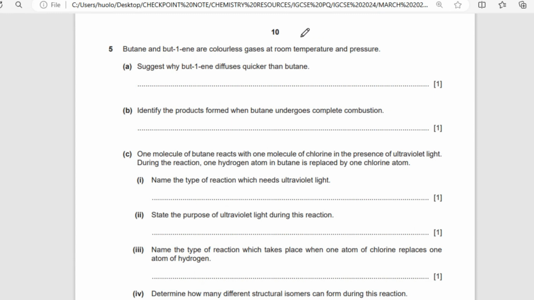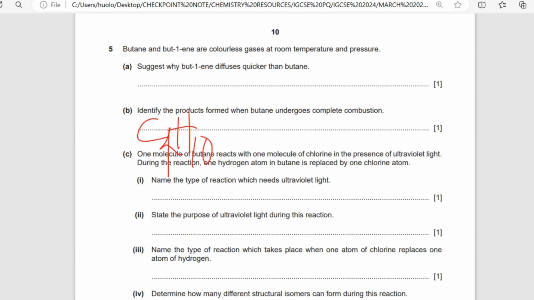So here we are told that both gases are at the same temperature, room temperature. So if both gases are at room temperature and one is diffusing faster than the other, then it will be as a result of their mass. Okay, so let's look at them. Butane, you know butane is C4H10.